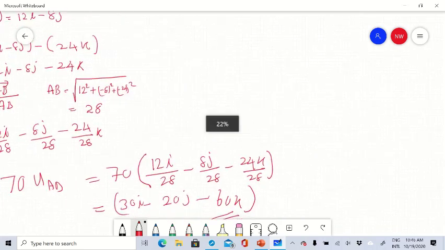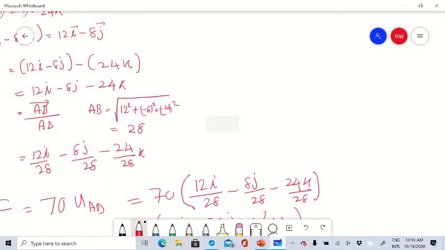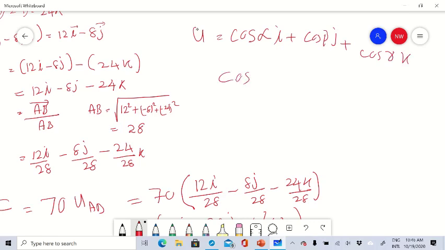From our previous knowledge, we can express the unit vector as cos alpha i plus cos beta j plus cos gamma k, right? So cos alpha is equal to 12 over 28, so alpha is equal to 64.6 degrees.